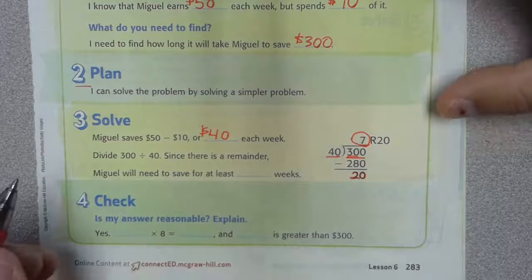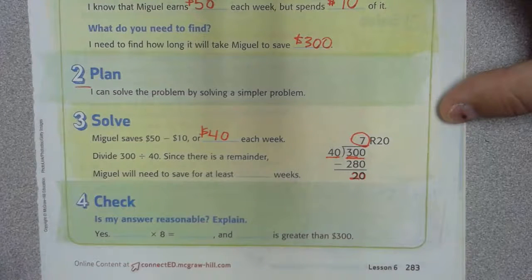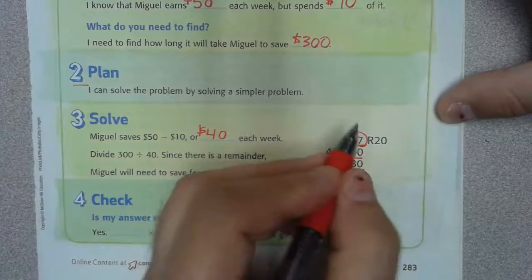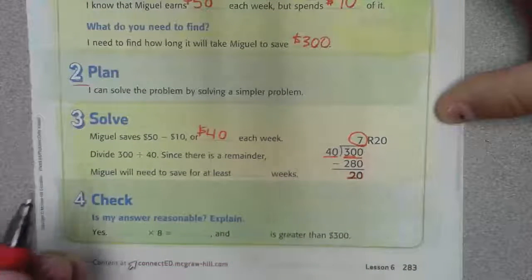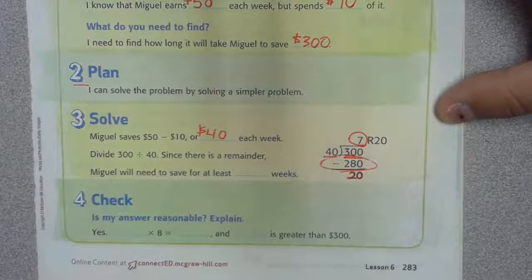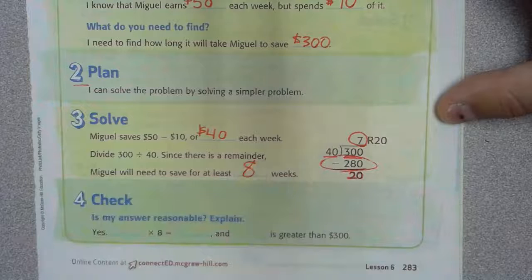So it appears it's going to take him how many weeks total to reach 300? Ireland, 8. Why did you say 8? Because she said if he only saves for 7 weeks, he's only going to earn $280. That's not enough money. So he's got to do another week, which was a total of 8 weeks.